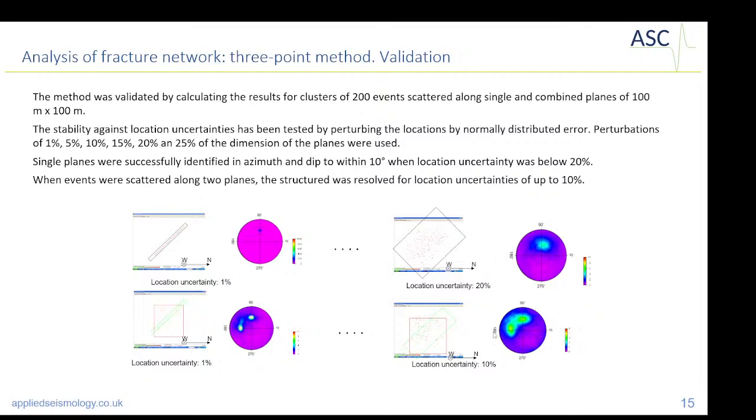We can see here that even with a location uncertainty of 20% of the total size of our identified plane, a location error of up to 20% can still yield a result in what would be the dominant orientation of that plane. It will still be able to identify our fabric by this maxima in our plot of dominant orientation.